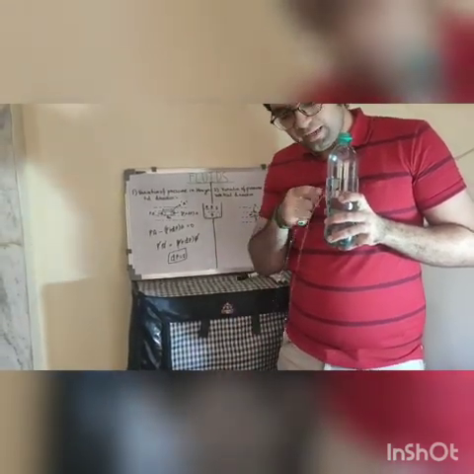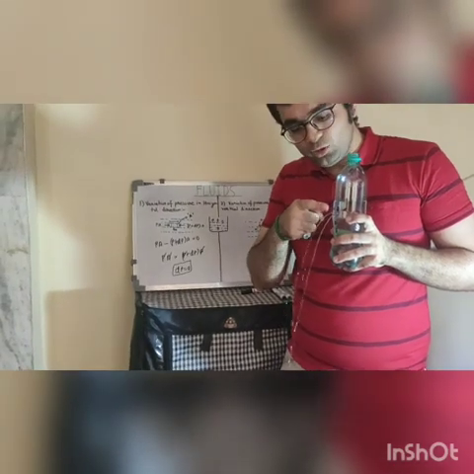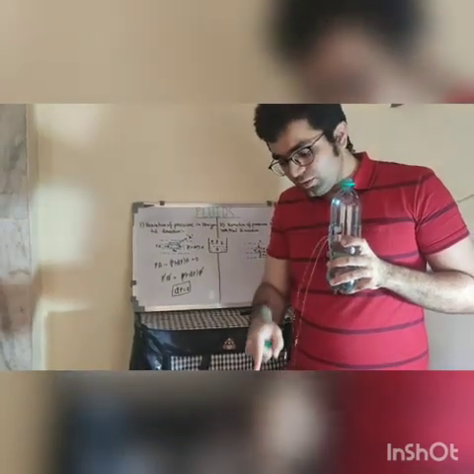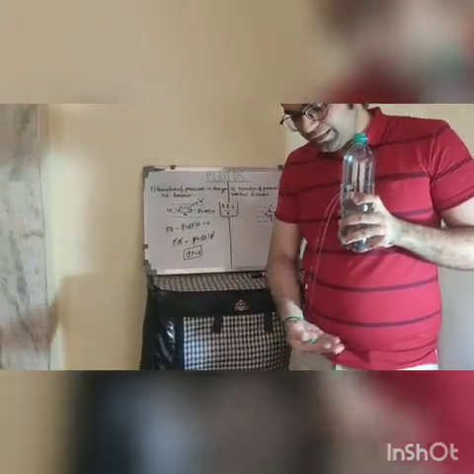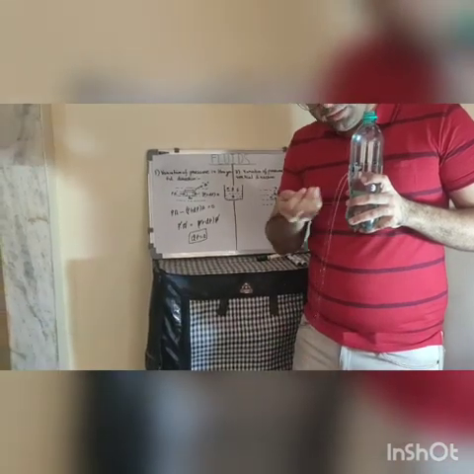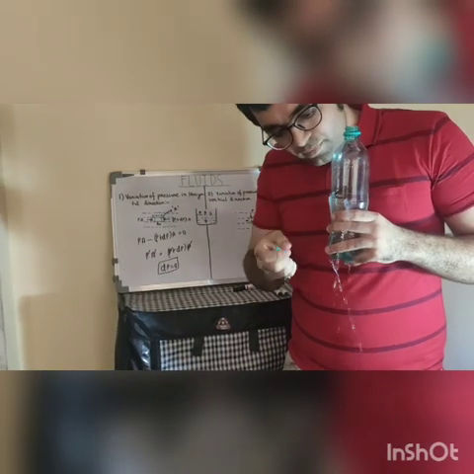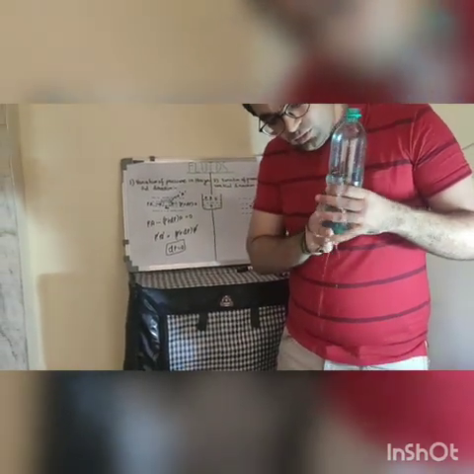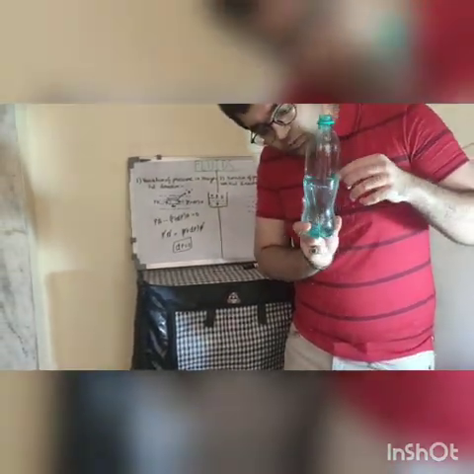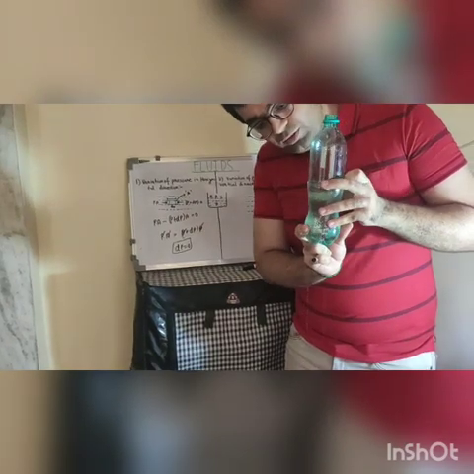We can see that as both these points are at the same horizontal level, both these projectile motions are falling at the same distance from this bottle. Now I am going to open the point C. From point C also we get the same horizontal range.